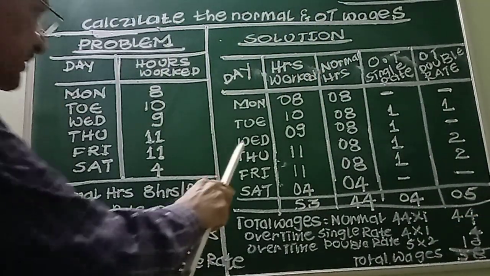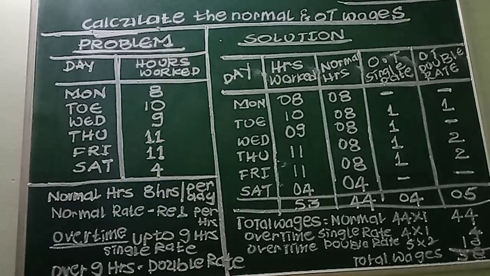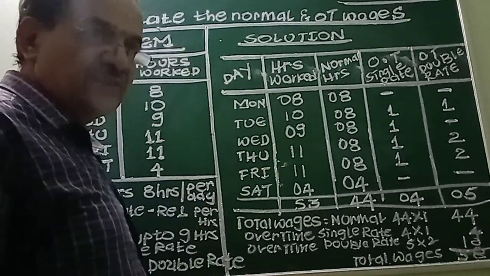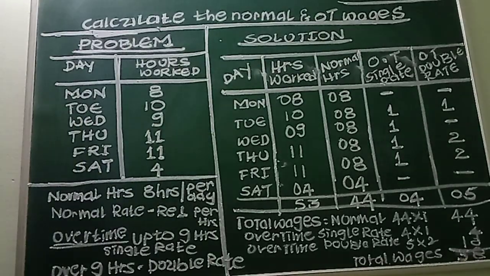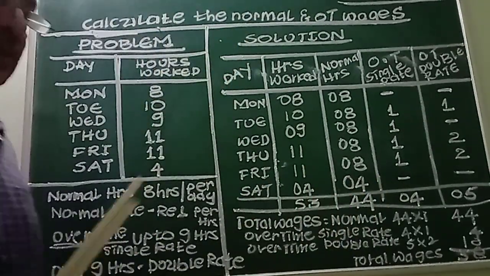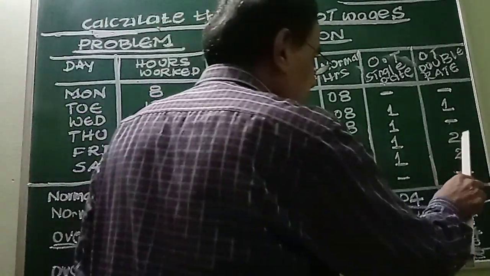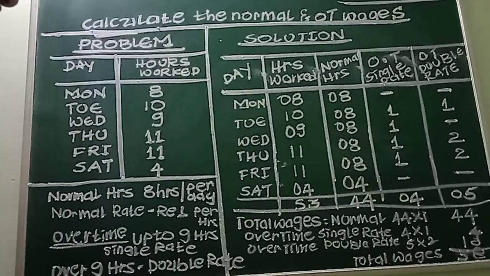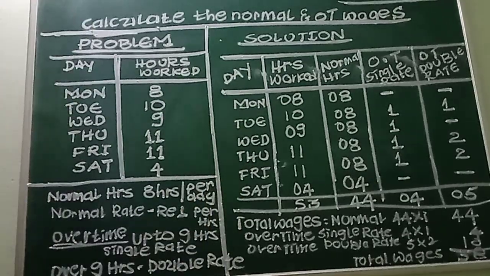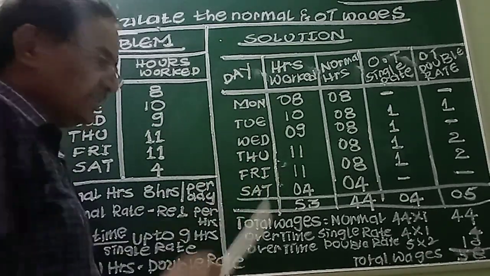Coming to Wednesday, he has worked for 9 hours. Normal hours are 8. So he has worked only 1 hour extra. 8 plus 1 is equal to 9. So he will not get any double rate payment. Coming to Thursday, he has worked for 11 hours.